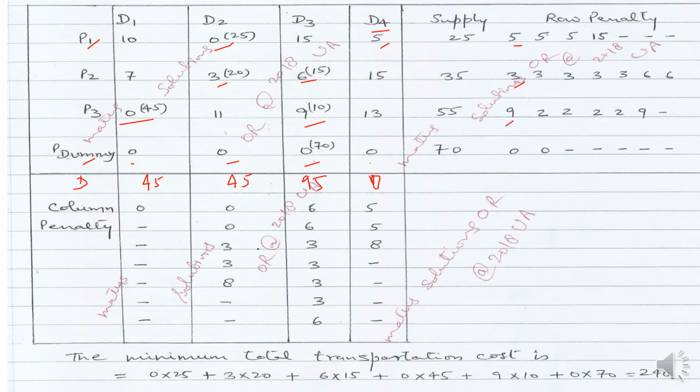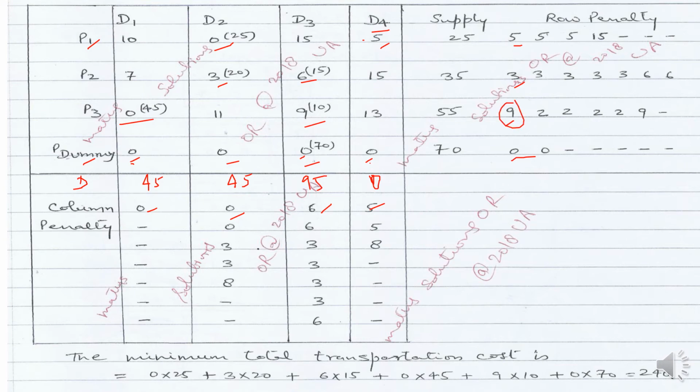Then in P3 minimum is 0 and next to it is 9, so 9 minus 0 is 9, and in the last P dummy it is 0. Now we calculate the column penalty. So 0 and 0, the difference is 0, and in the next also 0 and 0, so we got 0, and in D3 minimum is 0 and next to it is 6, so 6 minus 0, 6, and here 0 and 5, so 5 minus 0 is 5. So we check which one is the maximum in these.